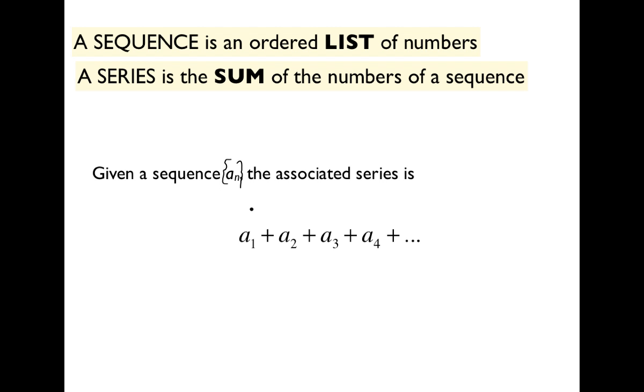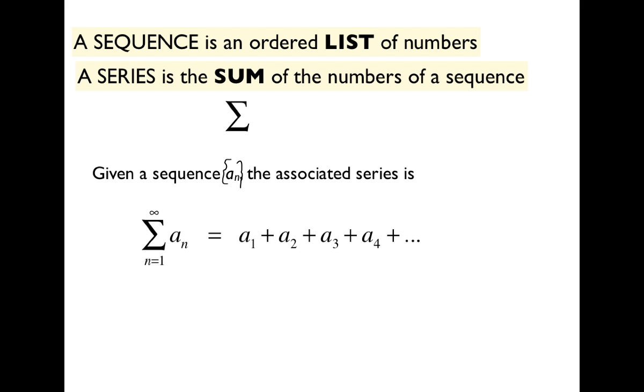To make that more efficient, we have a symbol for that. What's our symbol for that? We've seen it. Sigma. So we're going to use sigma to help us here. Really we're saying the sum of all the terms of the sequence. So it's going to be sigma a_n.